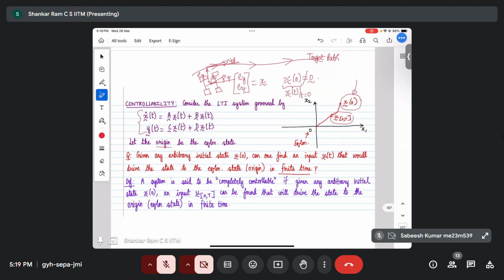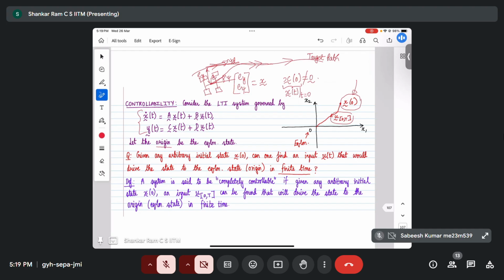So consequently, if you and I are able to find a control input, in this case, let's say a steering input, which will get me to the track in finite time, which is the equilibrium state, then the system is said to be controllable, or completely controllable, which, as we know, is desirable, right? So as a practical engineer, we want this to happen. That is why the notion of controllability becomes important for engineering practice.